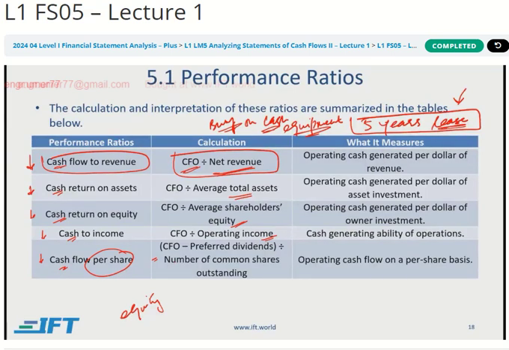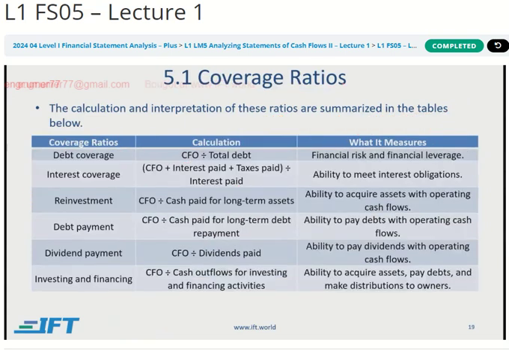The point is, if you're looking to do an equity investment, or your client is and you're doing the analysis for them, if these profitability or performance ratios are low in your cash flow analysis, there needs to be a justification for that. Similarly, if you look at the coverage ratios, and this is more relevant for those analysts that are analyzing a company for providing debt capital to it, will they be able to pay their interest on time?